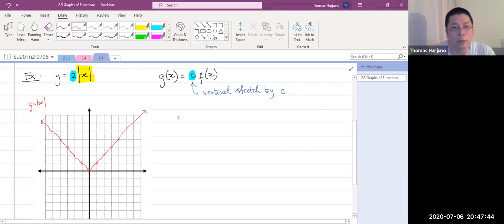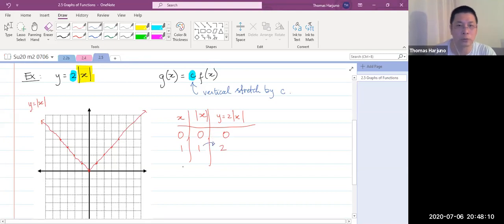If I do the table, notice that if x equals 0, this is 0, this is 0. When x equals 1, absolute of x is 1. 2 absolute of x will be 2. Basically, you see that I double the y value of the original absolute of x. If x is 2, the absolute of 2 is 2, and then I double it, becomes 4.